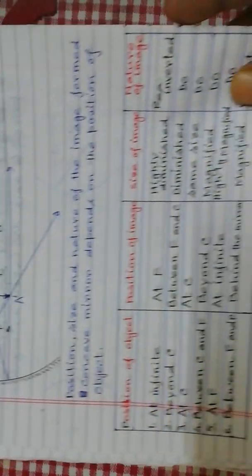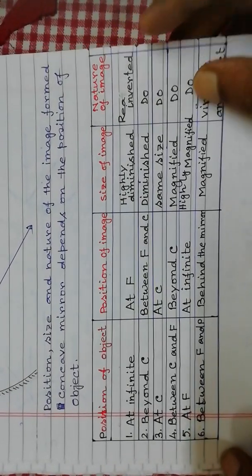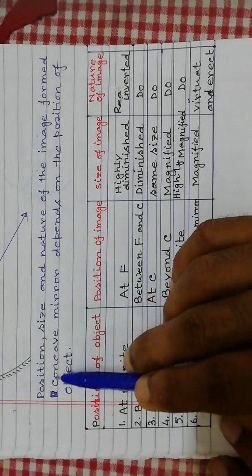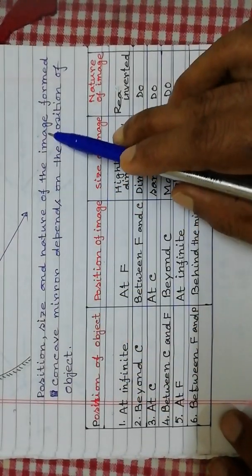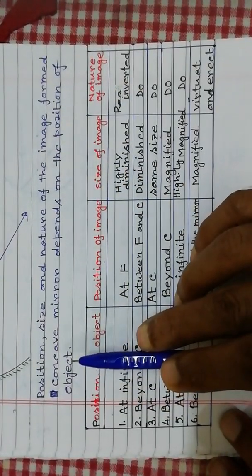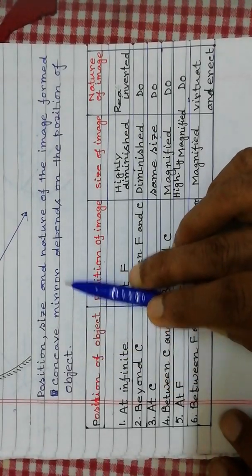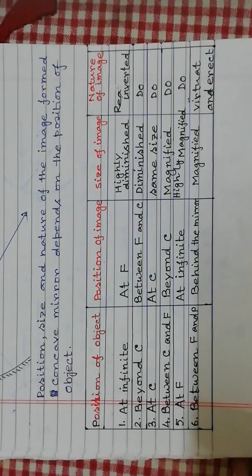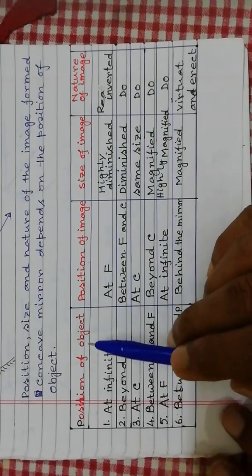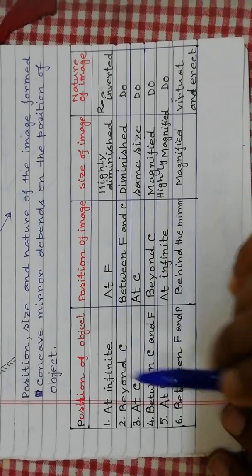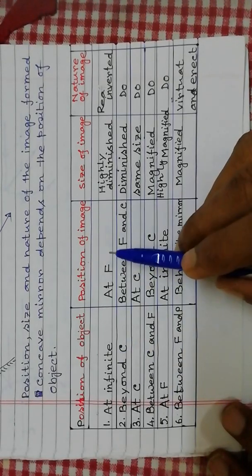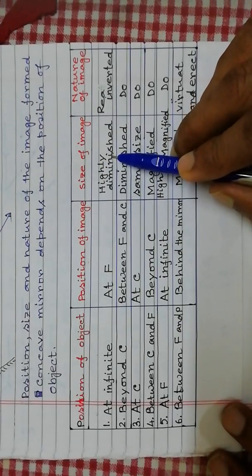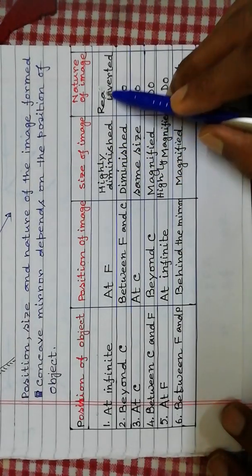Now how will it change? Follow the table. The position, size and nature of the image formed by a concave mirror depend on the position of the object. If the object is at infinity, then the image is formed at the focus and it is a highly diminished image, real and inverted.